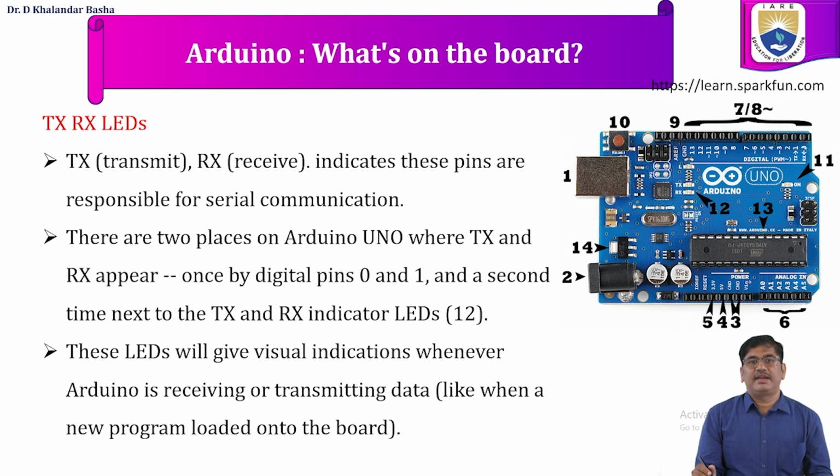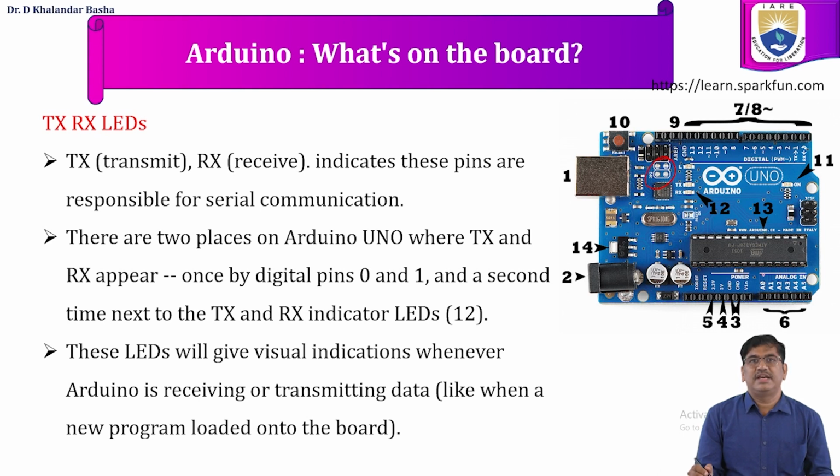Next we have the transmit and receive LEDs. These indicate serial communication, transmission and receiving. There are two places on the Arduino Uno where TX and RX appear. One is by digital pins 0 and 1.